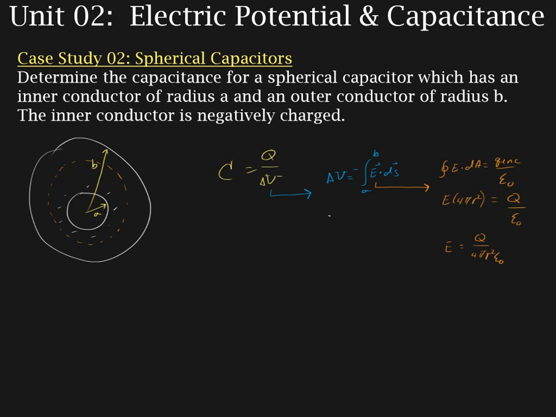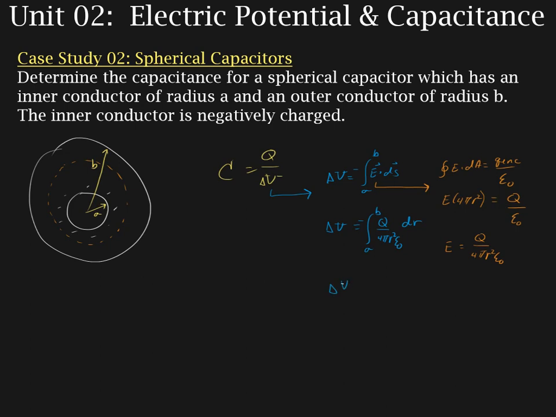Substitute that back into our equation for delta V. We get delta V is equal to minus the integral from A to B of Q over 4 pi r squared epsilon naught dr. And all of this is constant except for r.